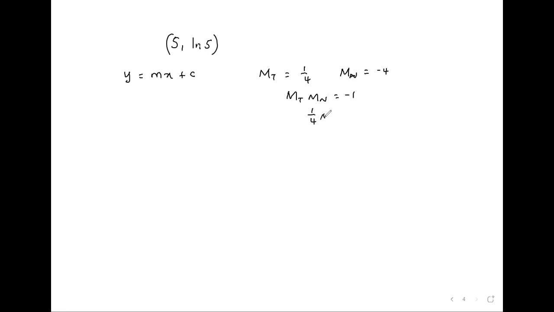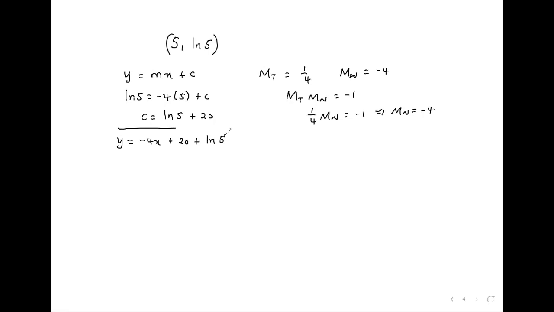So 1 over 4 times mn is -1, implying that mn is -4. So we have -4 there. Then we come and substitute. So we have ln 5 is equal to -4 by 5 plus c. So c is ln 5 plus 20, meaning that the equation of the normal line that they're asking for is y equals -4x plus 20 plus ln 5. That's all.